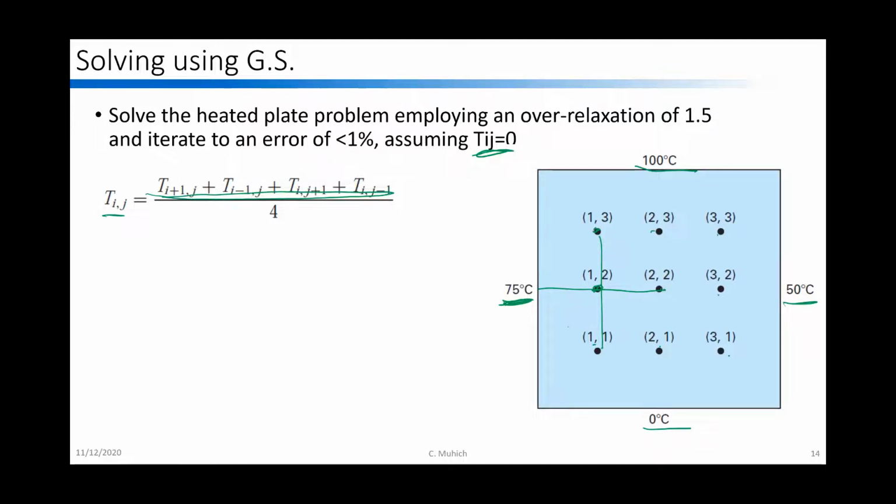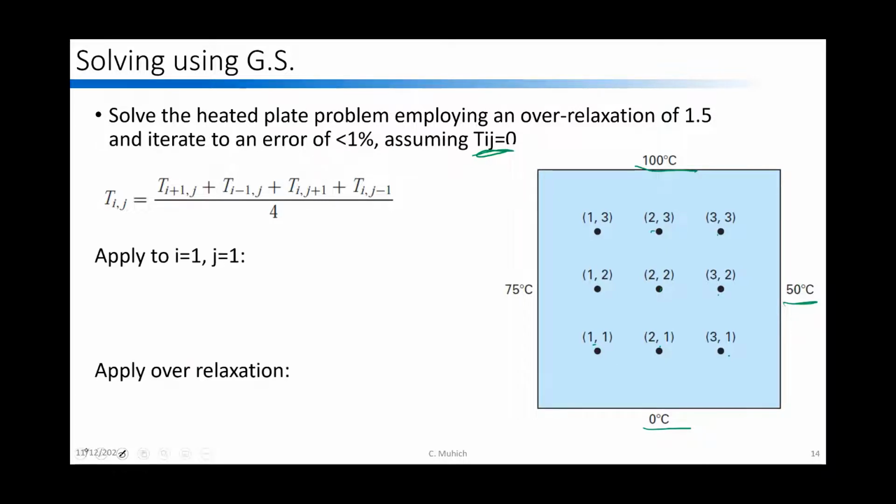Because most of these edges are much higher than 0, we don't anticipate that these internal points are going to be 0. However, for the point of this exercise, let's just pretend that we're going to start with 0, and we'll see how we go. Okay, so the first step is to apply this to maybe this 1, 1 point.